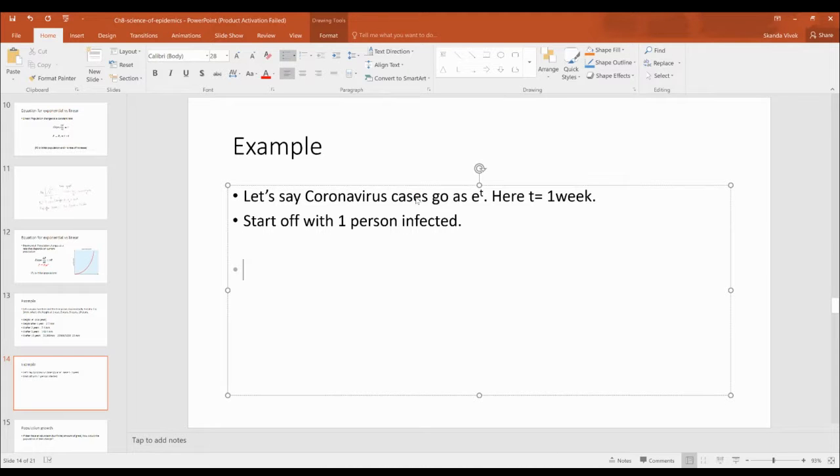So what's the number of cases after 2 weeks? And we're just going to say this is the US. How many cases after 2 weeks?